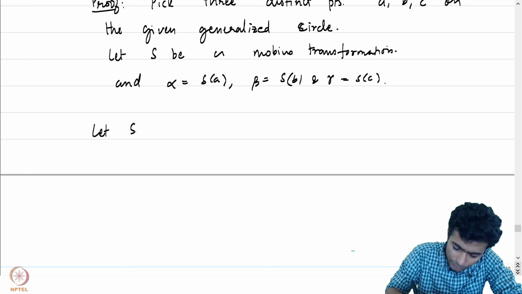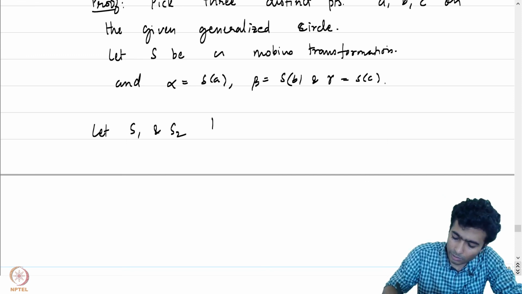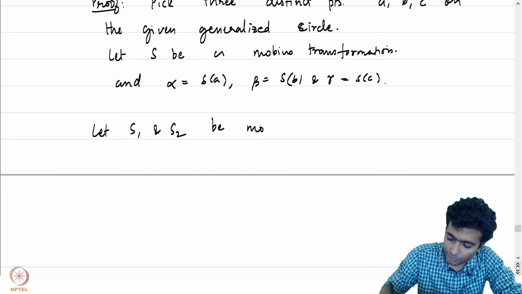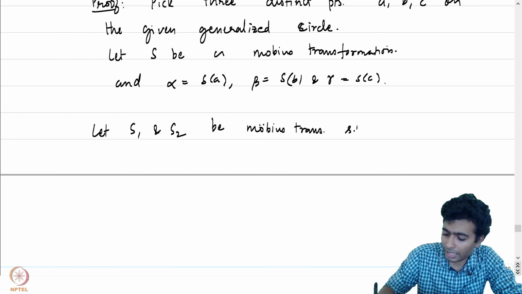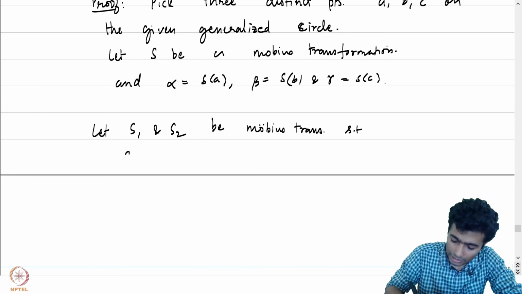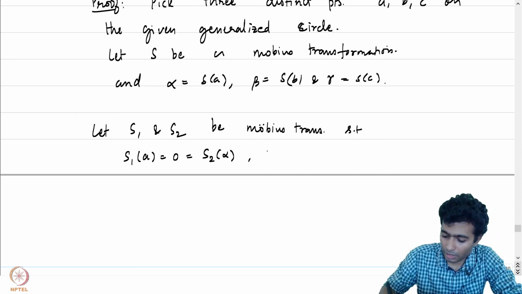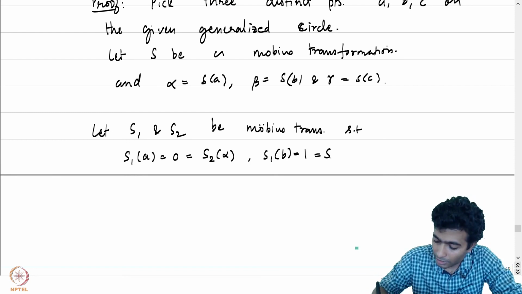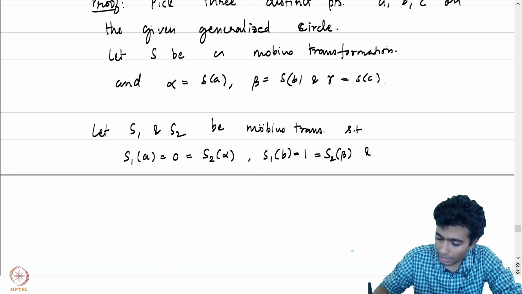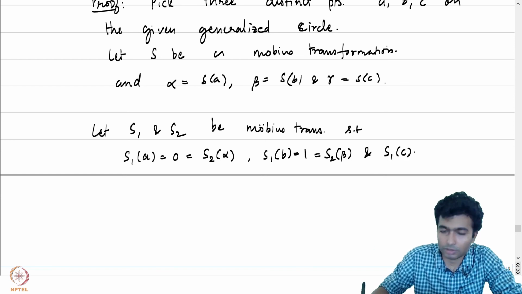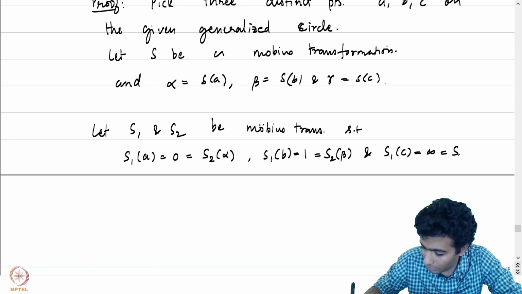Let S1 and S2 be Mobius transformations such that S1 of A is equal to 0, which is the same as S2 of alpha, S1 of B is equal to 1, which is the same as S2 of beta, and S1 of C is the point at infinity, which is the same as S2 of gamma.